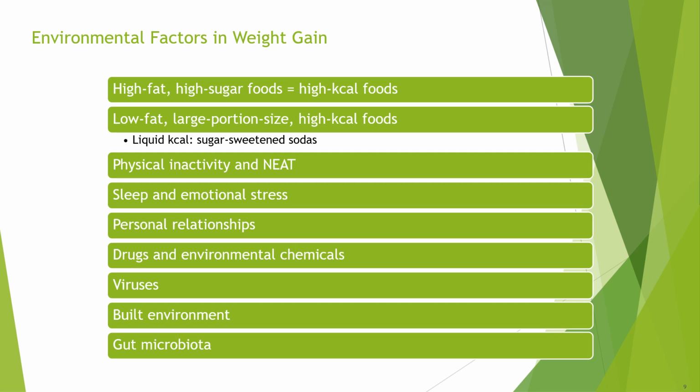Some research suggests that certain viral infections can affect body weight and fat storage. And the built environment. Urban planning and infrastructure, such as availability of parks, sidewalks, and recreational facilities, can influence our physical activity levels and consequently weight management.